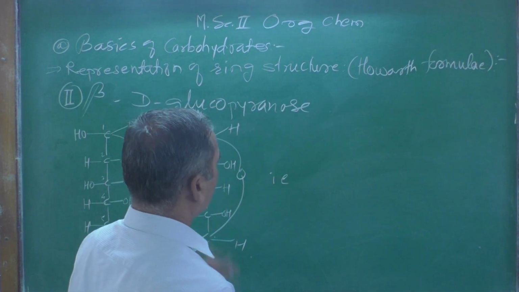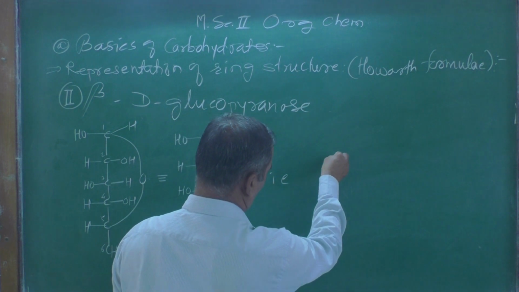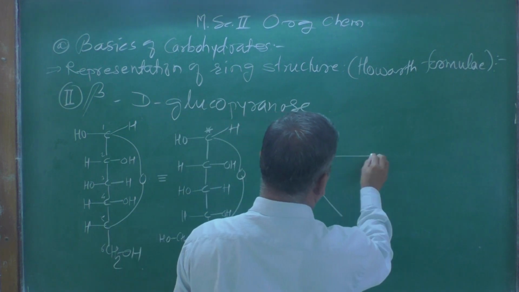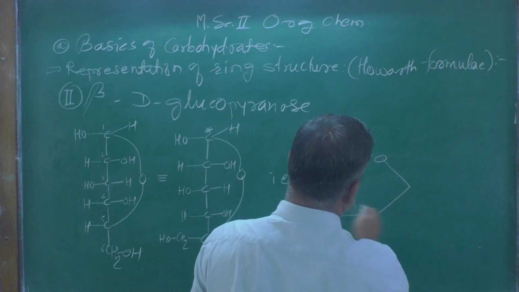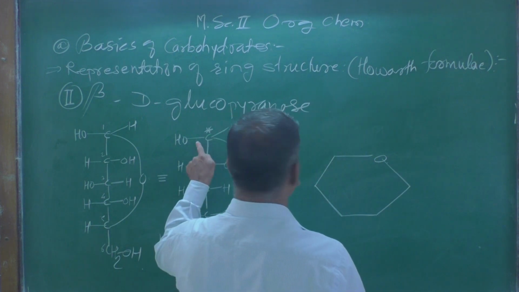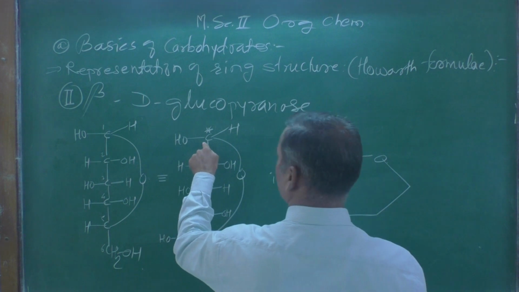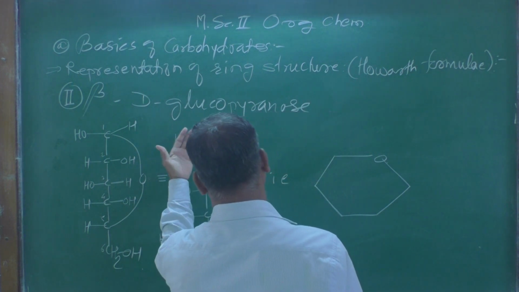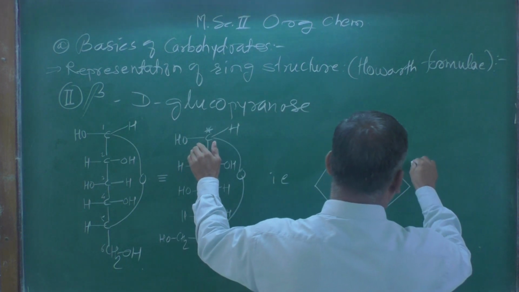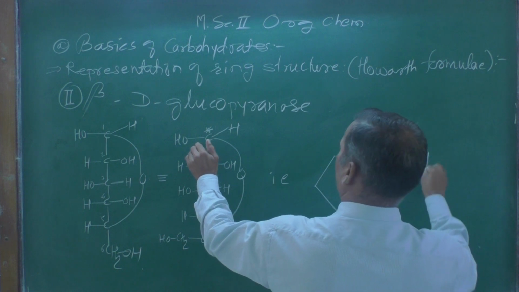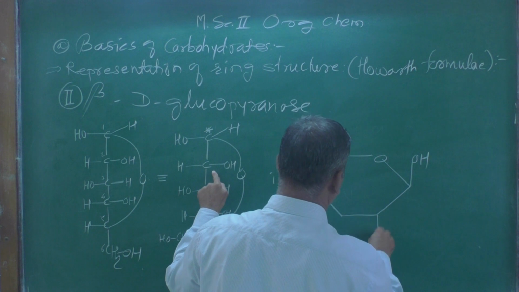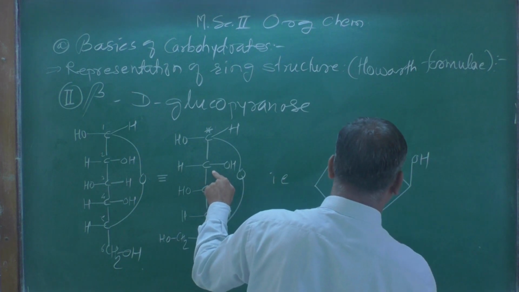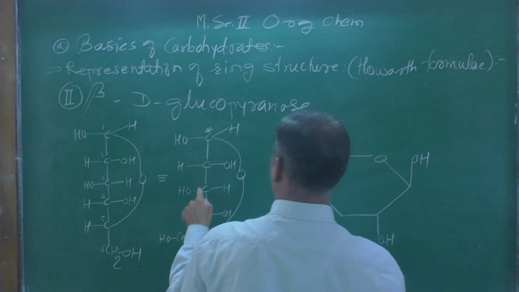Now according to the Haworth projection formula, we can show the structure like this. Here the hydroxy group which is lying on the left hand side, we can show above the plane. At carbon number 2, it is lying on the right hand side, so we show it below the plane.